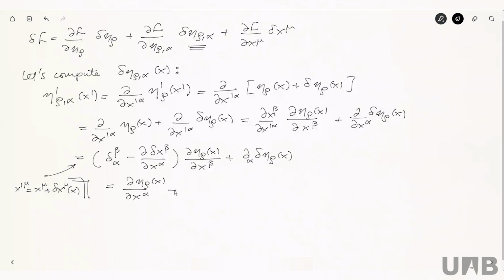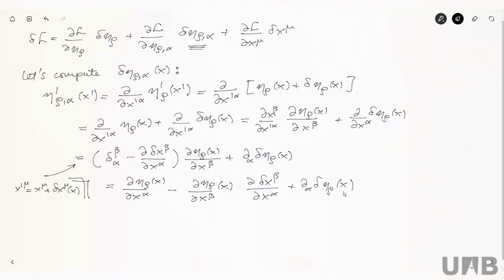And then there are two terms. One of them is the derivative of η_ρ with respect to x^β of x, times the derivative of δx^β with respect to x^α. So these are these two, this times this with a minus sign, plus ∂_α δη_ρ(x).